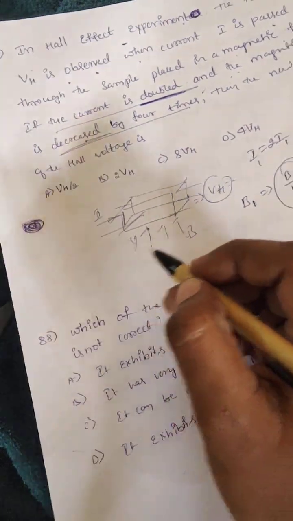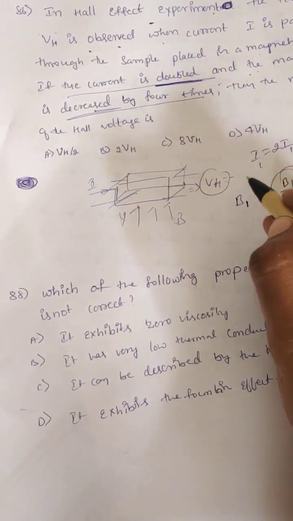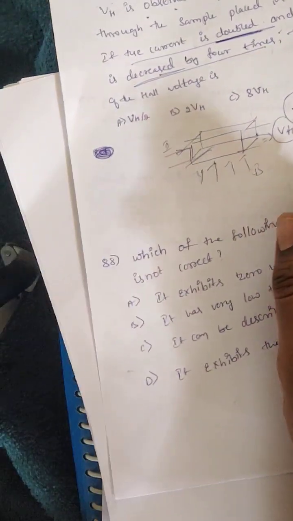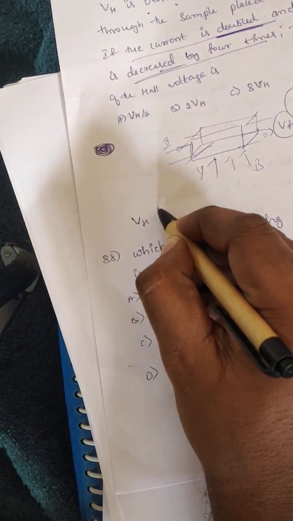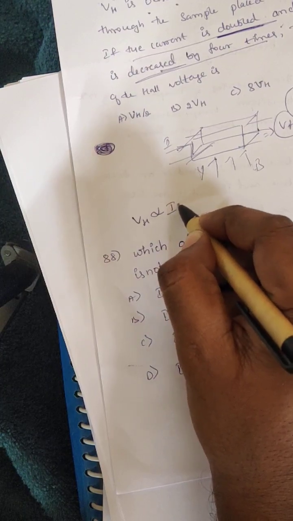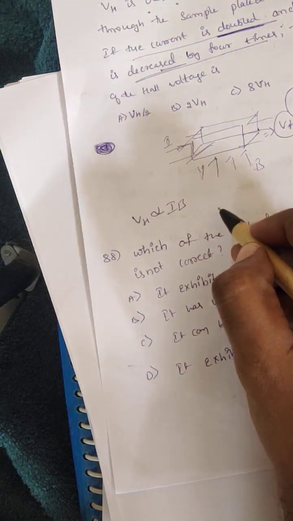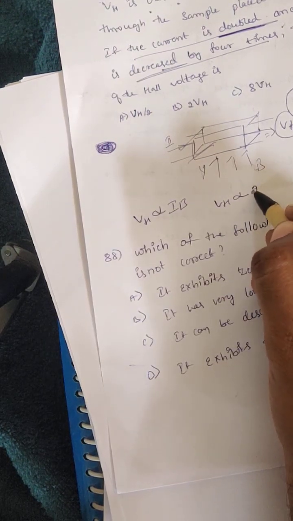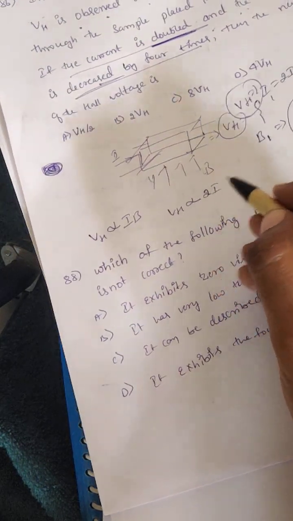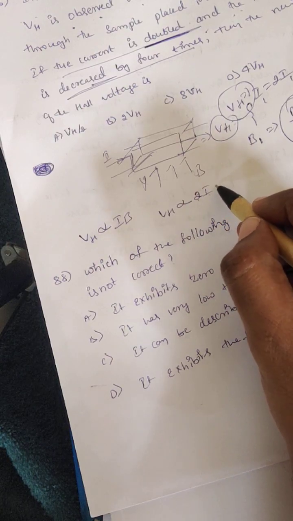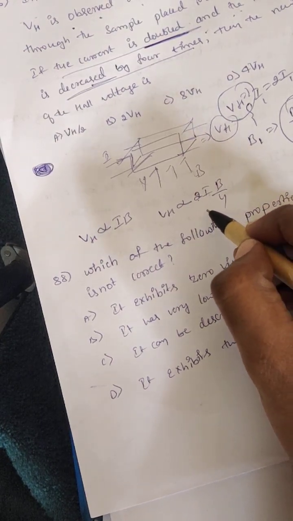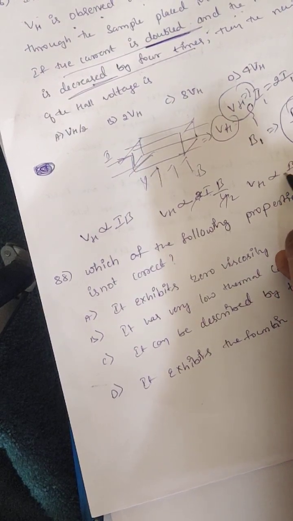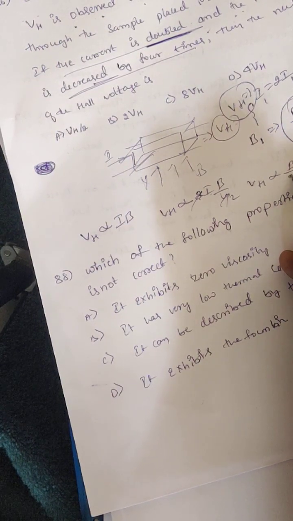From these relations we should calculate the new VH. We know that VH is directly proportional to current and magnetic field. The current is increased by 2 and the magnetic field decreased by 4, so VH is proportional to IB by 2.